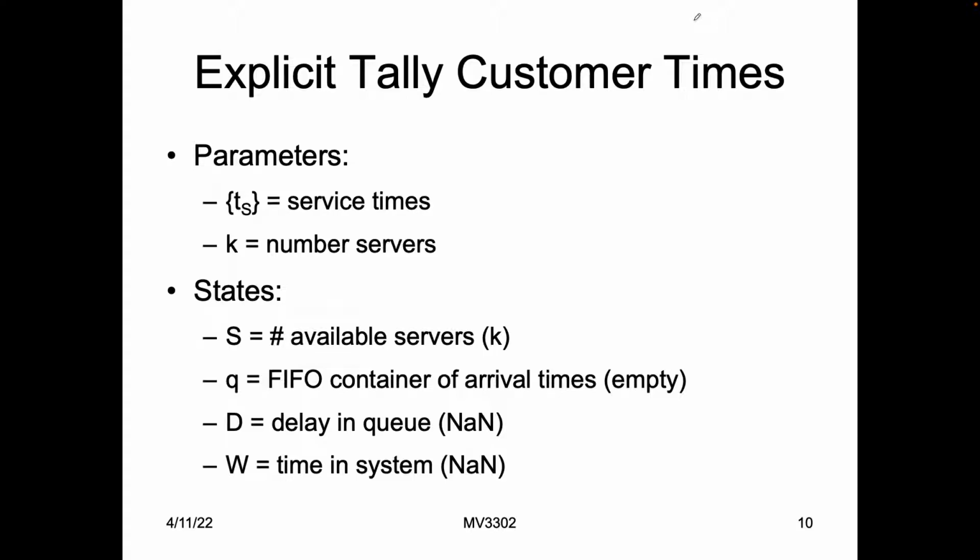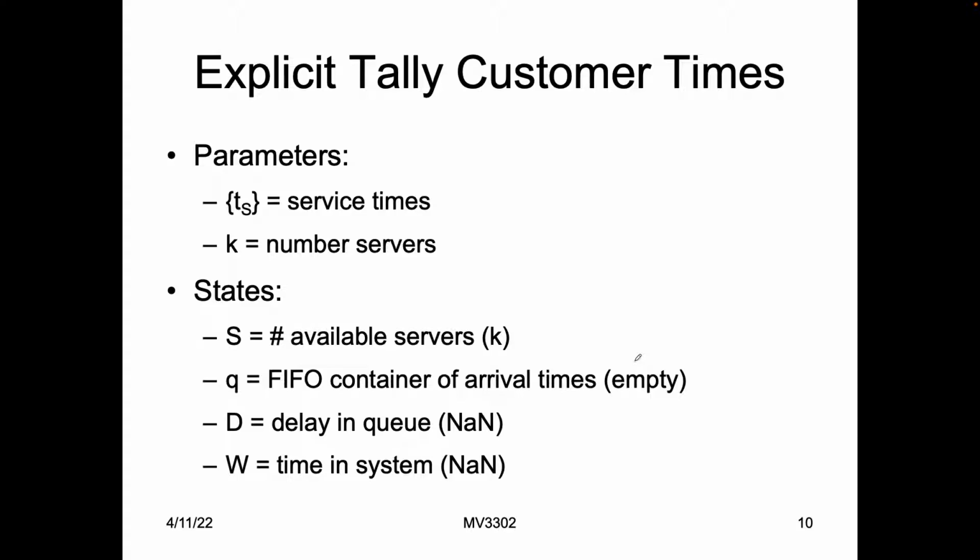So, one step in that direction. Ultimately, we are going to create objects called entities. But if all we want to do is tally the customer times, then what we can do is have a container of the arrival times. If you remember, how did you compute those delays in the queue and the times in the system?